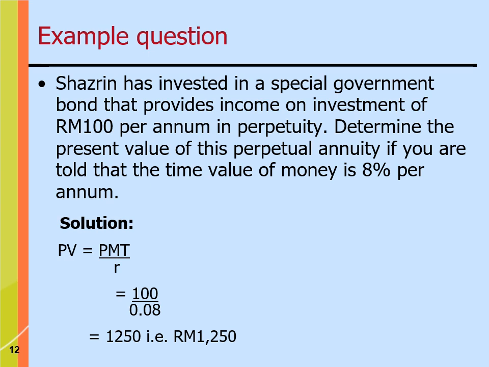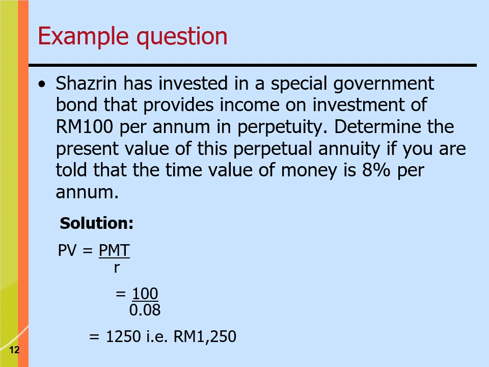Let us look at one example of perpetuity, where Shazrin has invested in a special government bond that provides income on investment of 100 ringgit per annum in perpetuity. Determine the present value of this perpetual annuity if you are told that the time value of money is 8% per annum.